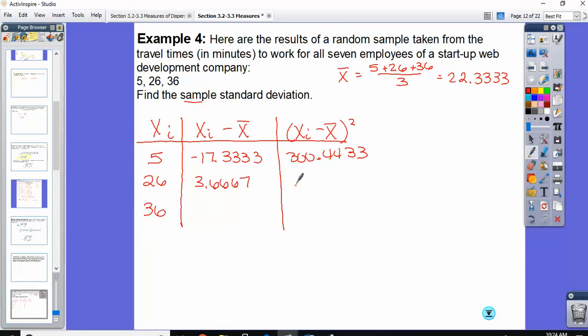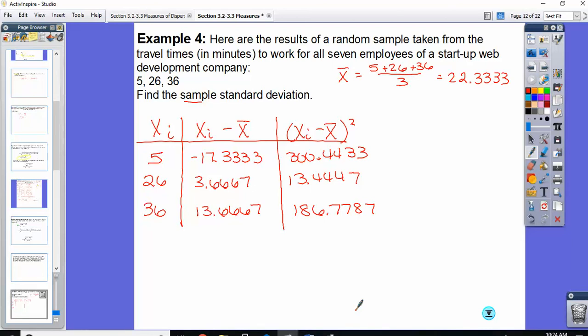Square that. And then 36. If you wanted to double check yourself, what should this middle column add up to? 0. Will it be exact? Probably not, but it should be very close.